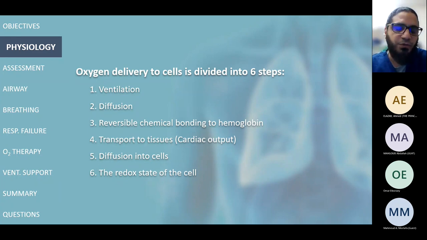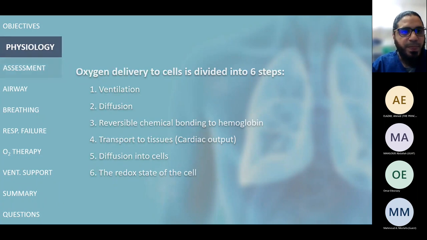And then the oxygen will diffuse from blood to the cells. The last step is a control step, the redox state of the cell, which means each cell determines its own demand and has a feedback on the whole process. So if the cell has sufficient supply, it will suppress the whole process of oxygen delivery, and vice versa.